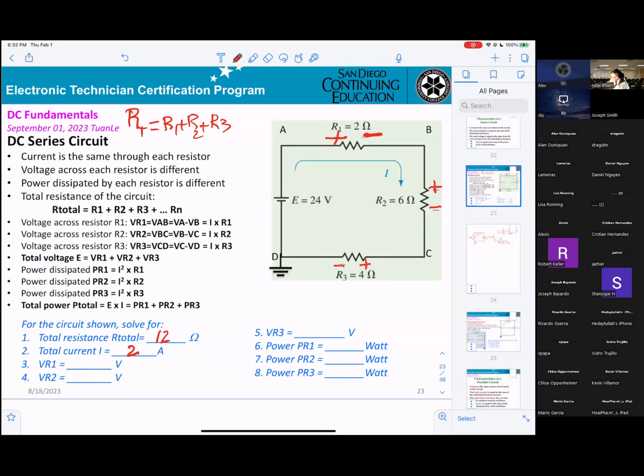So when the current goes to R1, the voltage on this side and the voltage on this side will be different. What voltage on this side?